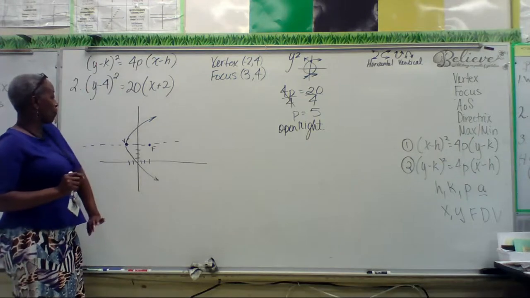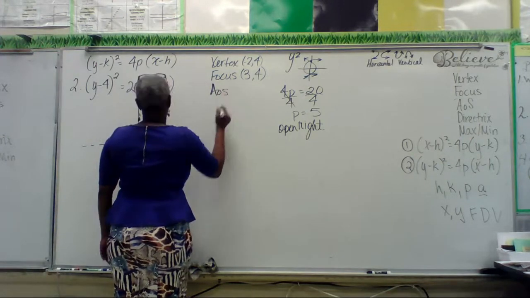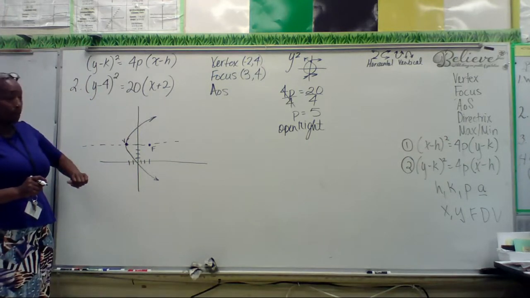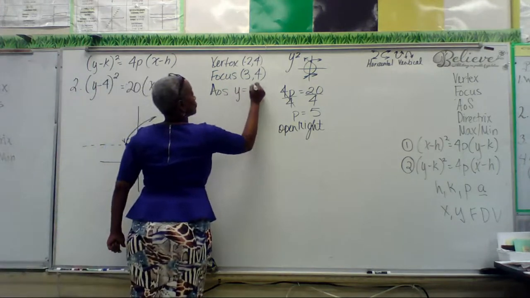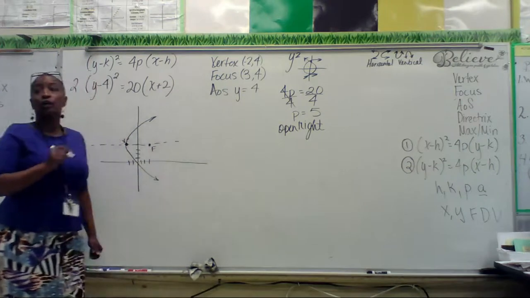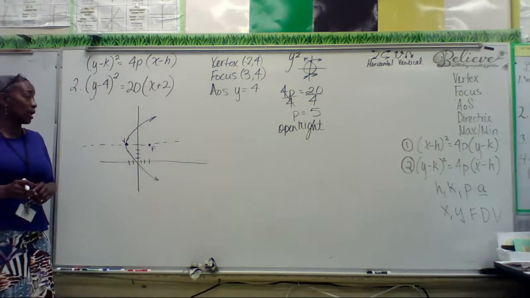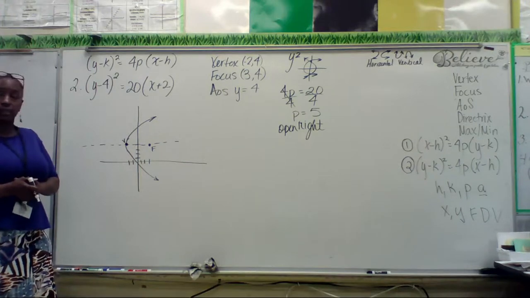Okay. What about our axis of symmetry, class? It's an equation. What is it? Y equals 4. You can't just say 4, Amari. It's an equation. You have to say it's a horizontal line, and you have to say y equals 4. Now, what about our directrix?